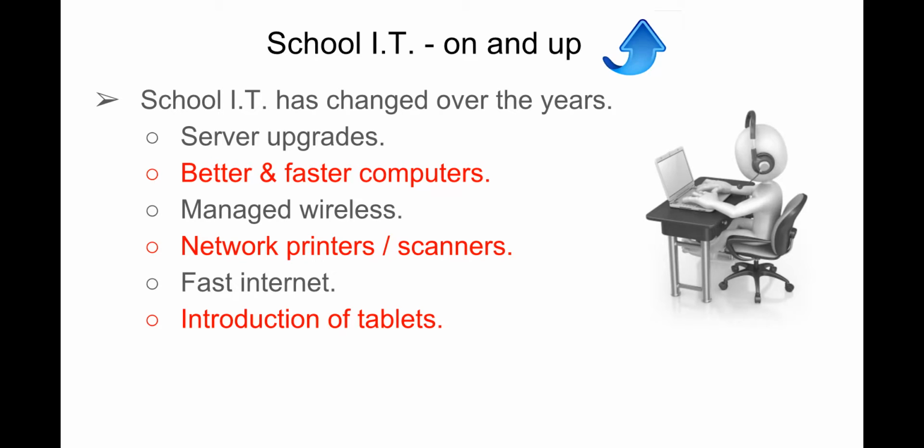And the other big thing that happened to school IT as it moved on and up was the introduction of tablets. Now, tablets were a major change in the way schools work. And we'll come to this in more detail later on. But for the very first time, schools realised they could work in a totally different way.